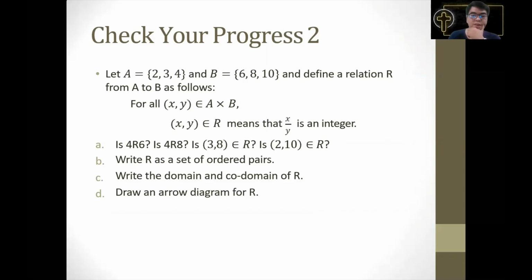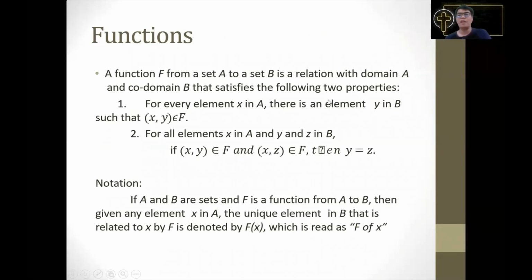Now, there's a special kind of relation that we call a function. A function f from set A to set B is a relation with domain A and codomain B that satisfies the following two properties. First, for every element x in A, there is an element y in B such that (x, y) is an element of f.